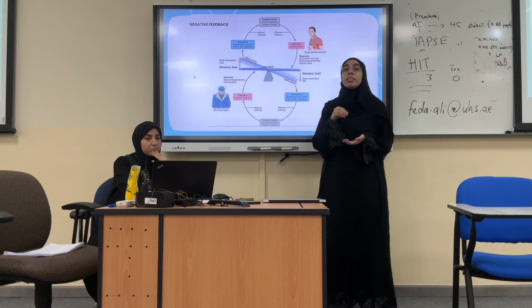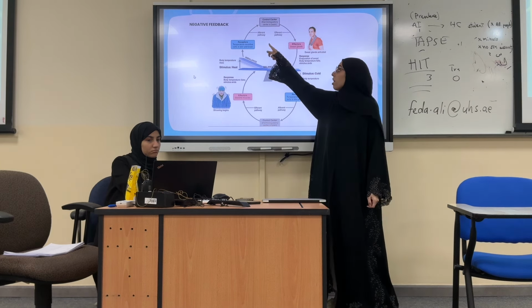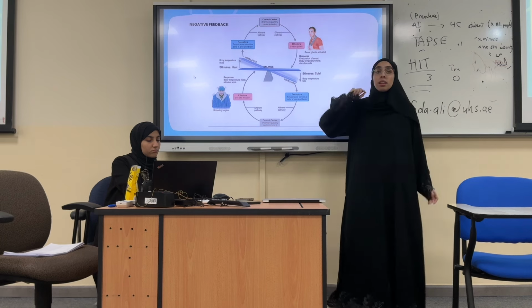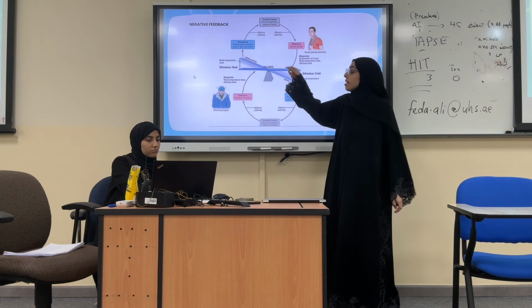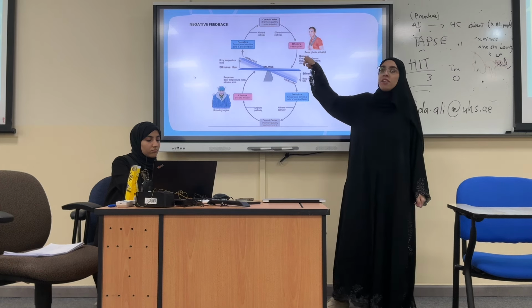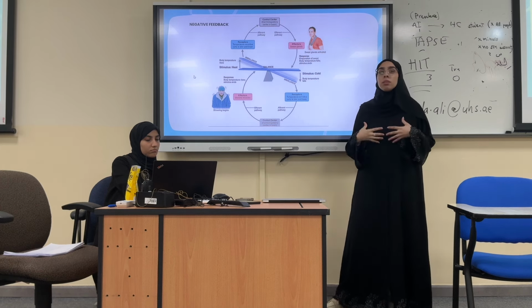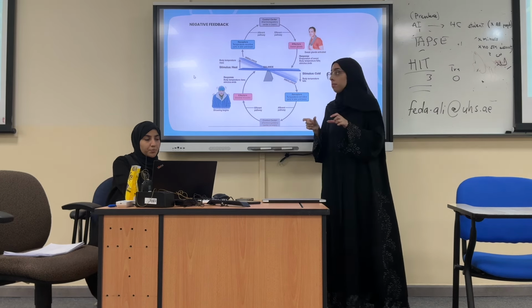The receptor will detect this stimulus. After that, through the afferent pathway, the one with the A, it will go to the control center. The control center will compare it to the set point, and then it will give the output through the efferent pathway to the effector. The effector will start, and we're going to start sweating. The one that does the action is the effector.